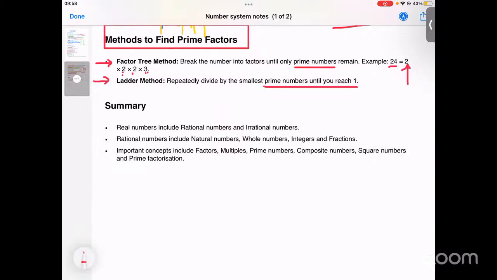Okay, so now as I conclude, to summarize, real numbers include rational numbers and irrational numbers. Remember, when it comes to rational numbers, they include natural numbers, whole numbers, integers, and fractions.